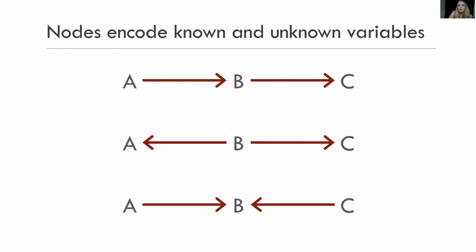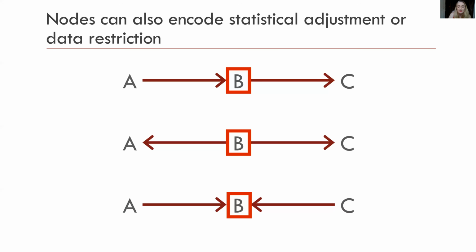Okay, so the nodes contain information on the variables that we know about and the variables we don't know about. That's what the variables are. But they can also encode statistical or data restriction information. And we do that by putting a box around any node where we want to indicate that we're either going to restrict in the design or adjust statistically in the analysis.